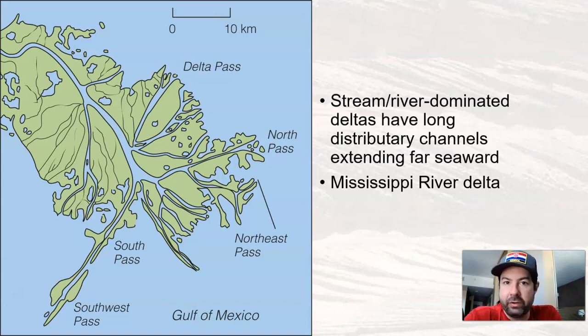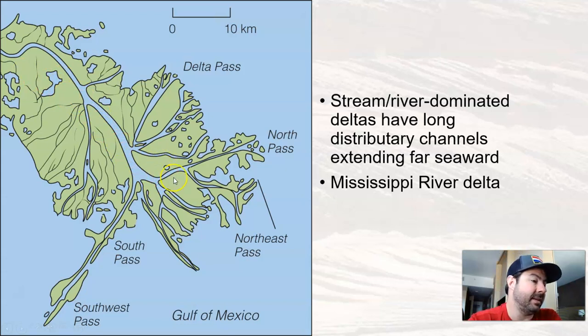So here we have a stream, or sometimes known as a river-dominated delta. They have long distributary channels extending far out into the sea, meaning the river is so powerful that it continues to push stuff further and further out into the ocean.